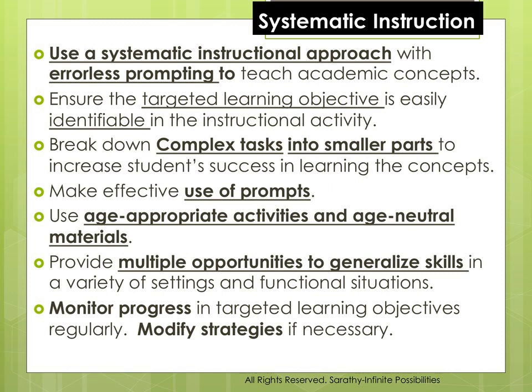You provide the student with just a single distractor. And you make sure you use age-appropriate activities and age-neutral materials, not using the alphabet at the high school level. And then you make sure you're monitoring progress and modifying the strategies as needed, and go back and reteach.